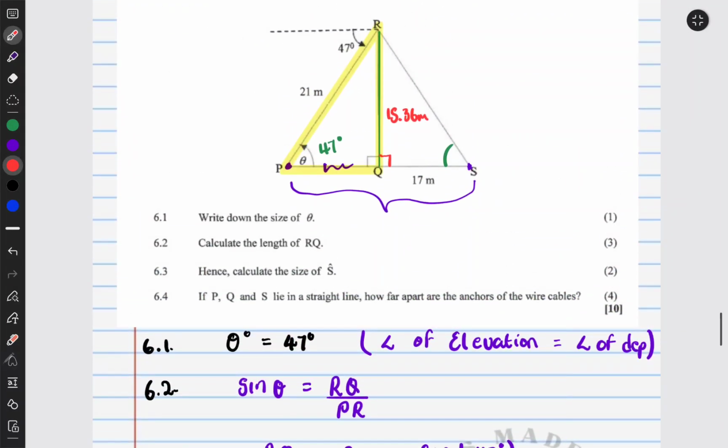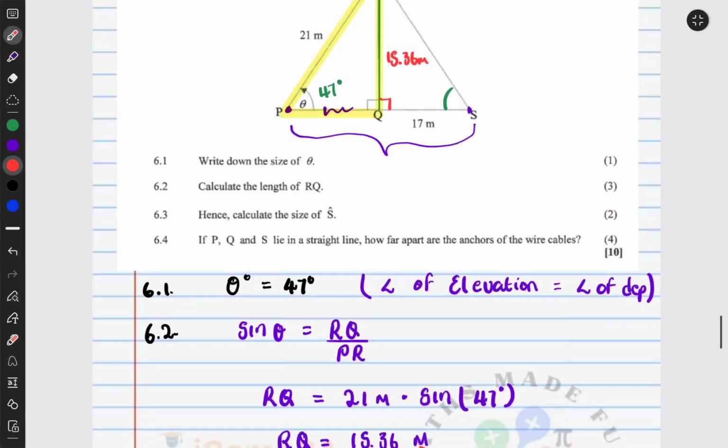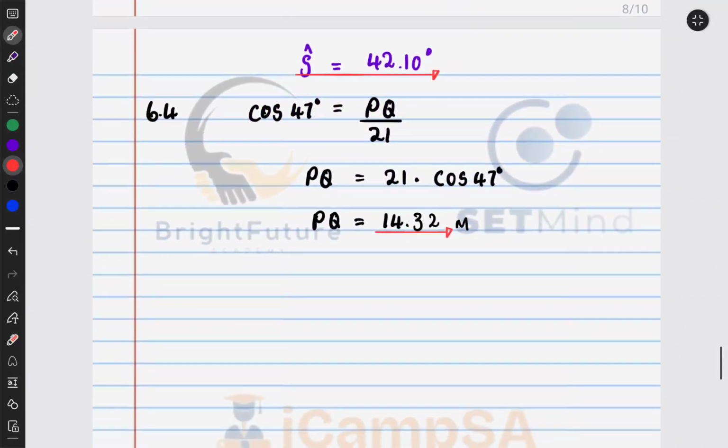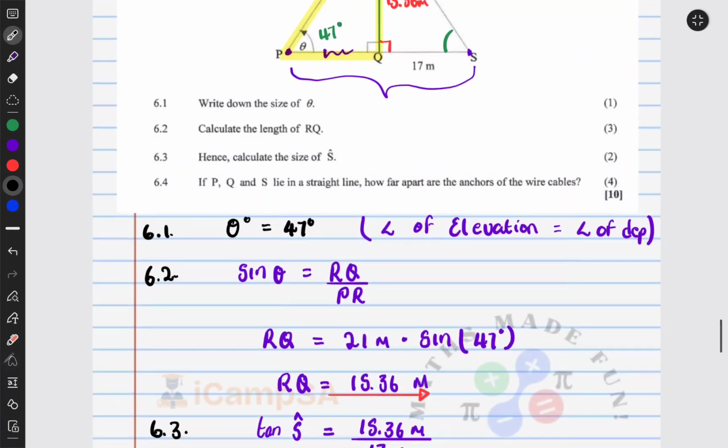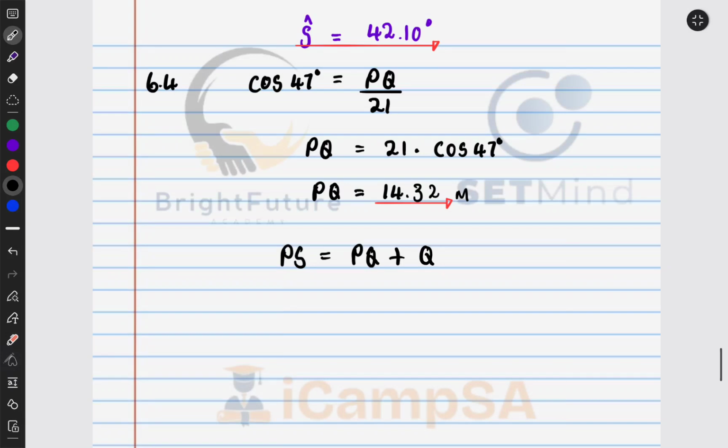So we have PQ, but we're looking to determine how far apart the anchors are. So we have to calculate PS, and PS is equal to PQ plus QS, which is 17 meters. So PQ is 14.32 plus 17. Therefore PS is 31.32 meters.